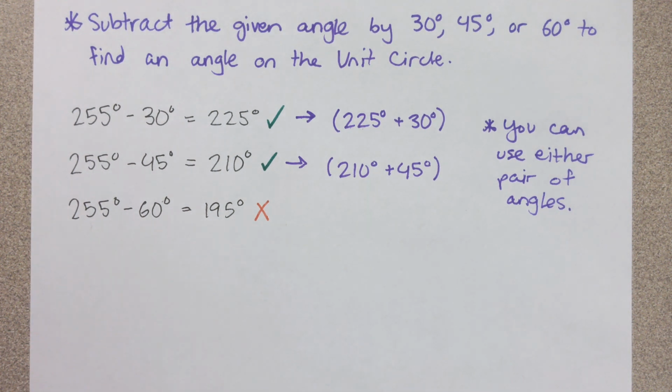On the sine and cosine problems, there really isn't an advantage to picking one over the other. Tangent, there will be a case like that, and I'll get to that when I get to the tangent problem. So for this one, I'm just going to go with the top pairing.